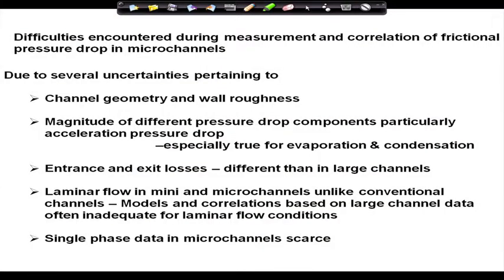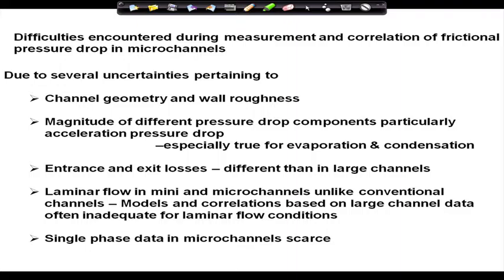The other thing is to find out the magnitude of the different pressure drop components. Usually, when we measure the pressure drop, as I have shown, it gives you a measure of the total pressure gradient or the total pressure drop over a measured length of the test conduit. Now, this, as I have told you, comprises frictional, gravitational and acceleration pressure gradient.